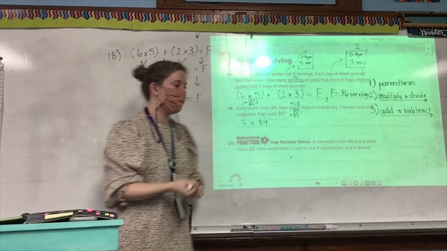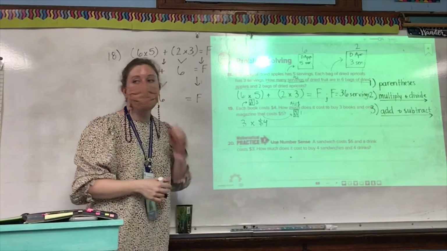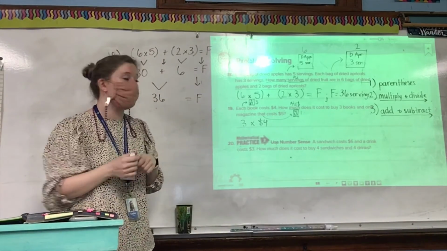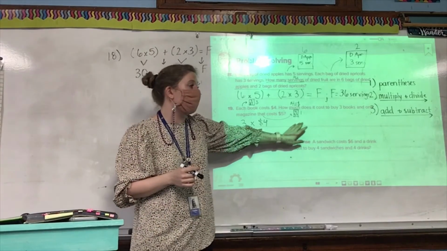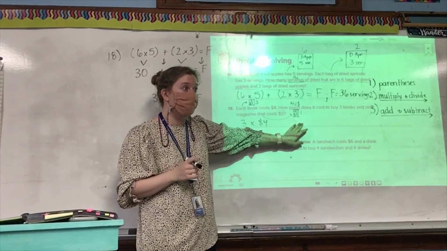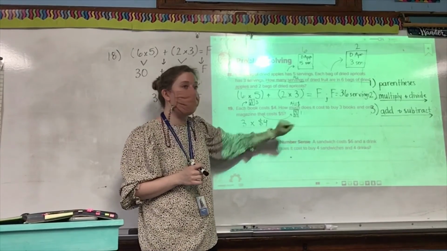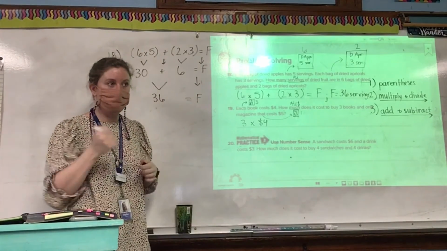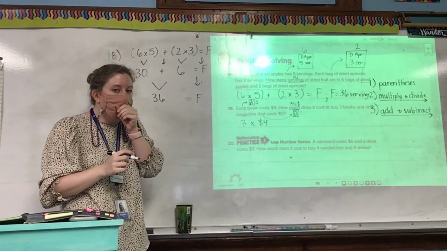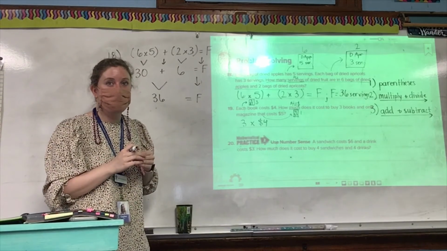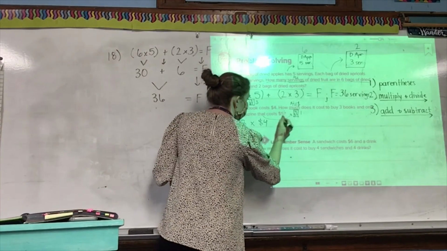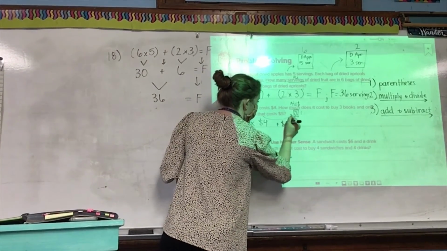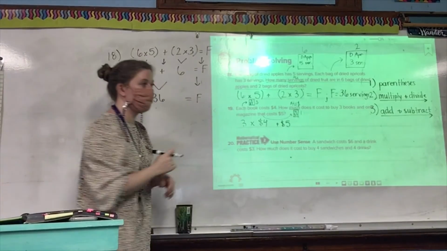No. So 3 times $4 will tell me the cost of the books. What do I need to do to show that I also need to have the cost of the magazine? You need to write plus $5.